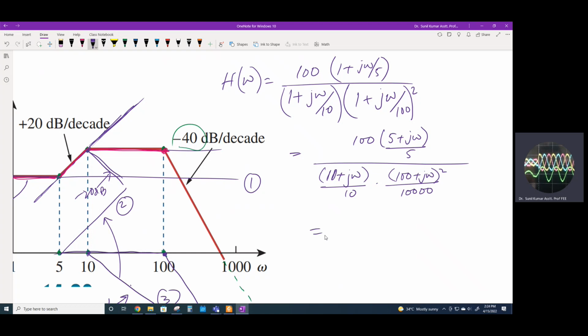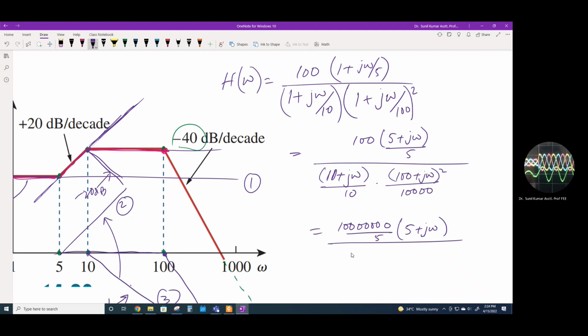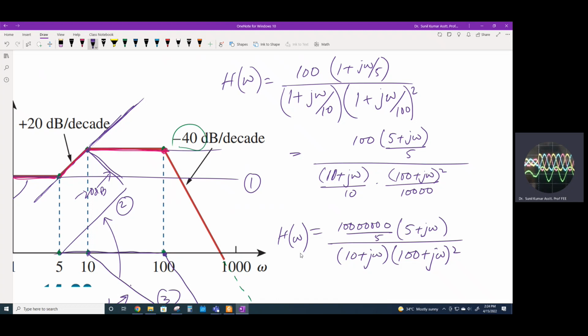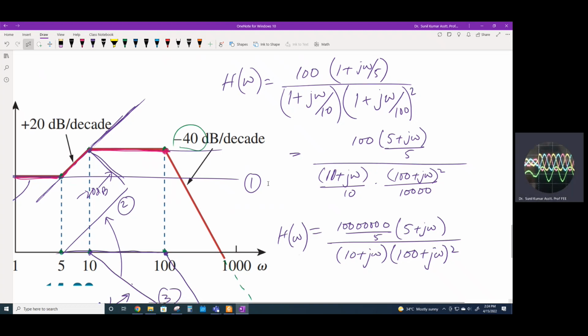Okay, so this is the transfer function for the Bode plot.